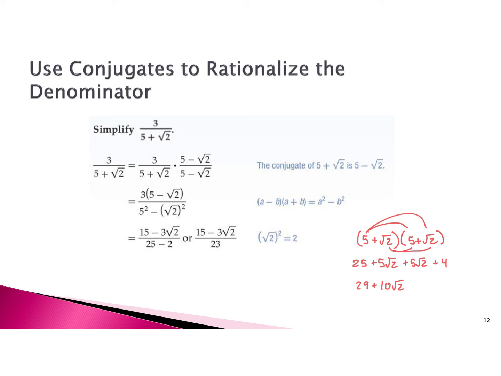Now, if this confused you, it shouldn't, okay? What you can do is think about it in terms of x. So instead of a radical 2, let's do the exact same problem but have x instead. So I have 5 plus x times 5 plus x. Okay, it's the exact same problem. You can even compare down to the bottom.